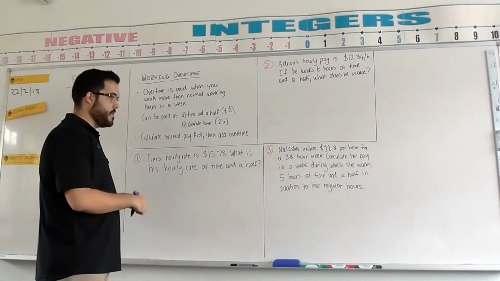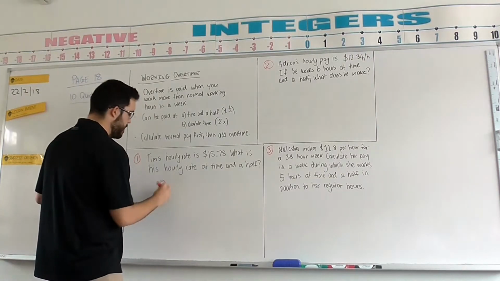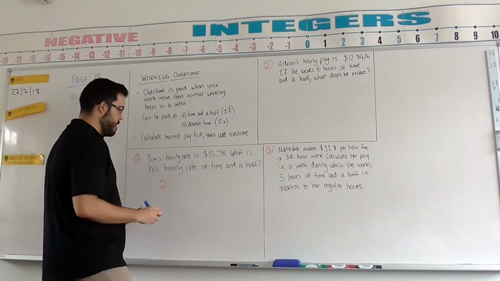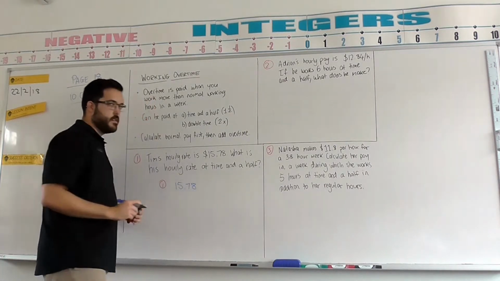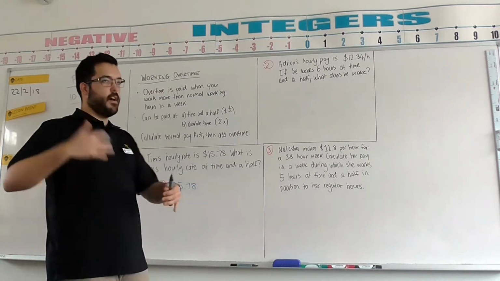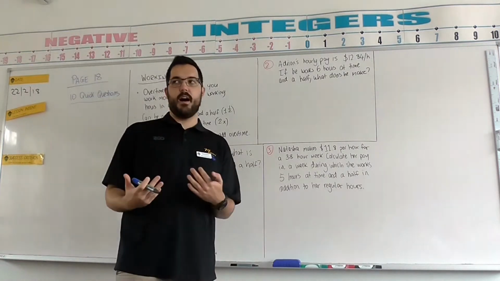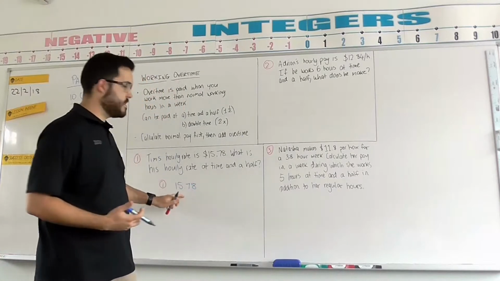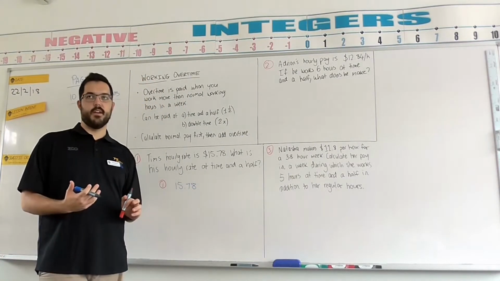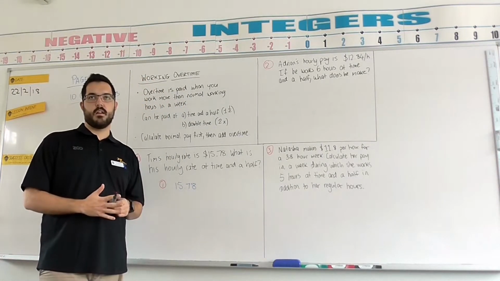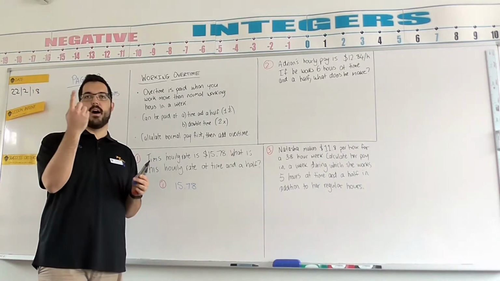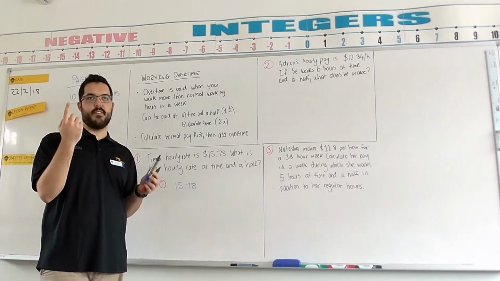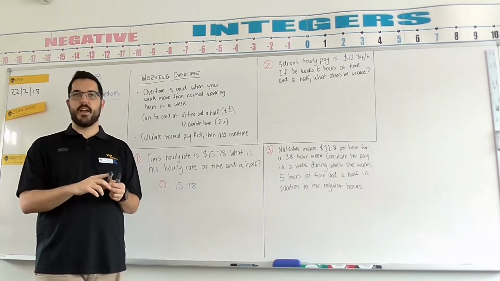All we do is the first step. Write his hourly rate, which is $15.78. If I want to find his hourly rate at time and a half, what do I multiply his base rate by? 1.5. That's it, 1.5. Because if he times it by 1, that's his normal rate, 100% of his normal rate.